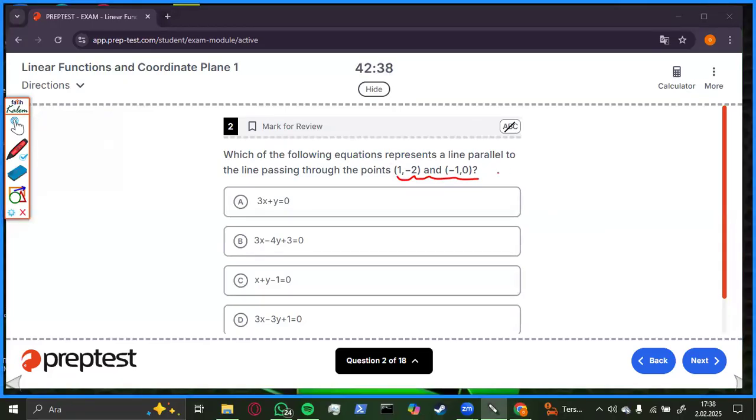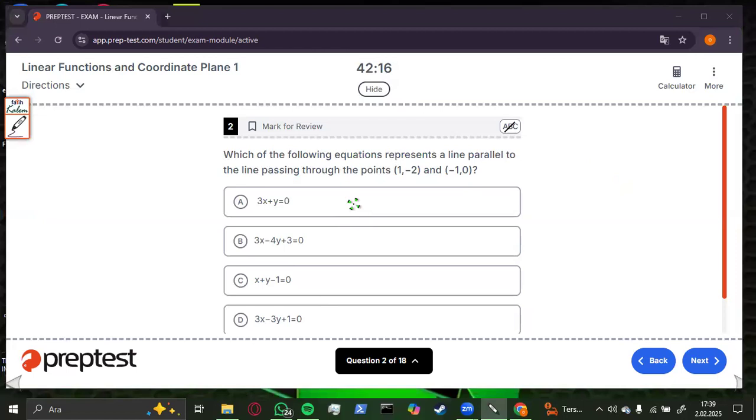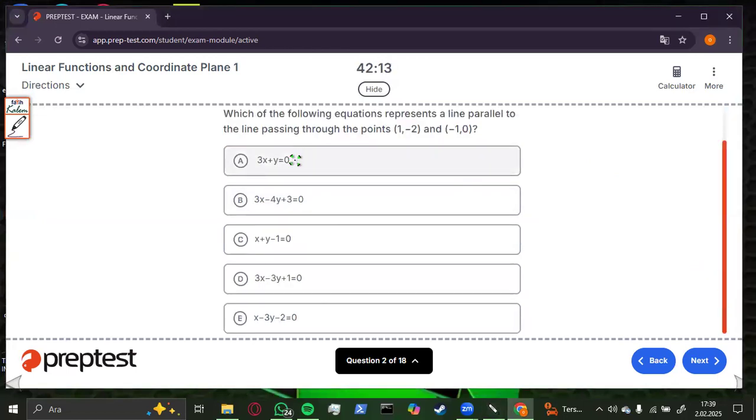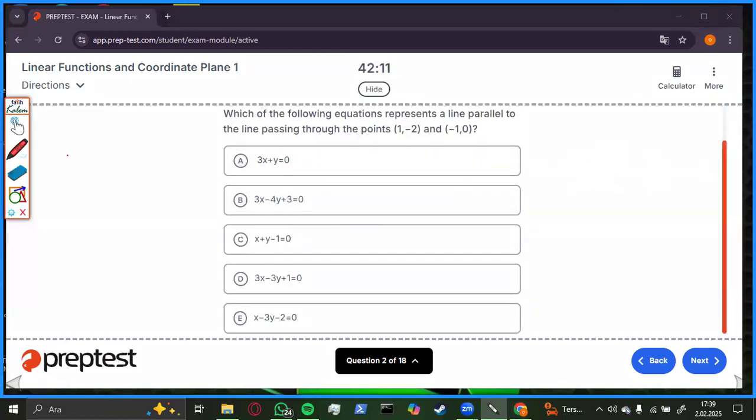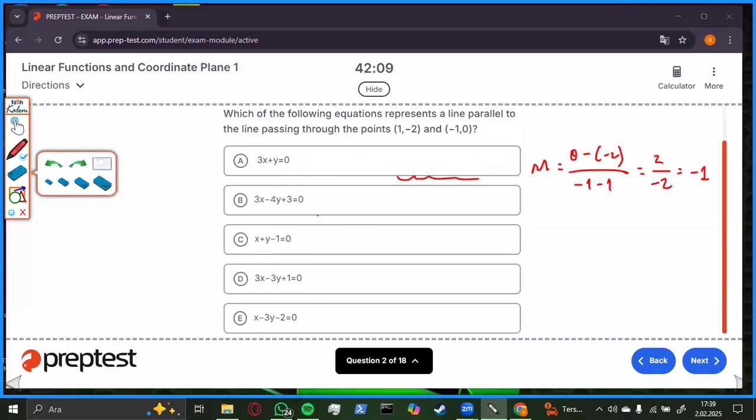Assume that the slope is m: (0 minus 2) over (minus 1 minus 1), so 2 over minus 2, in other words minus 1. Okay, so it means that you are going to check the slopes of the options, and you need the option with slope minus 1.